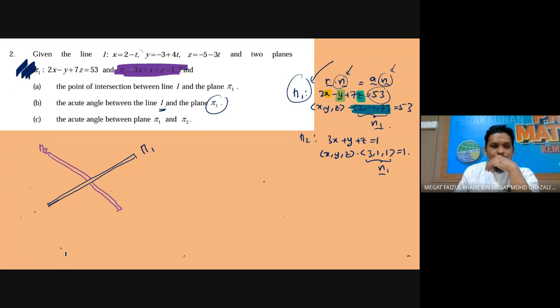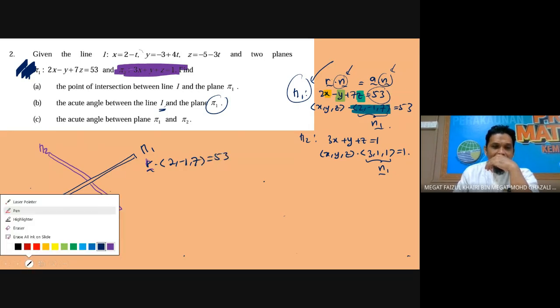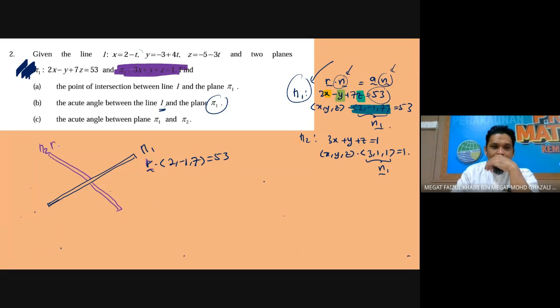Okay, pi 2. So now, pi 1, which is r dot n, where n is (2, -1, 7), equal to 53, and pi 2, r dot (3, 1, 1) equal to 1.